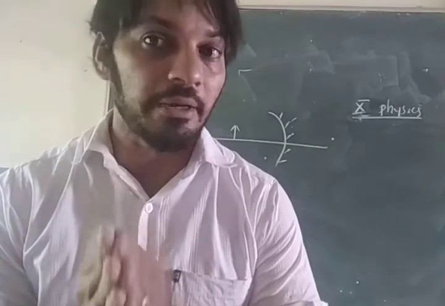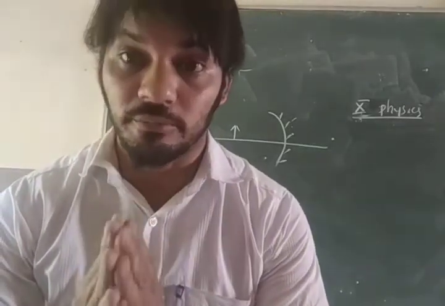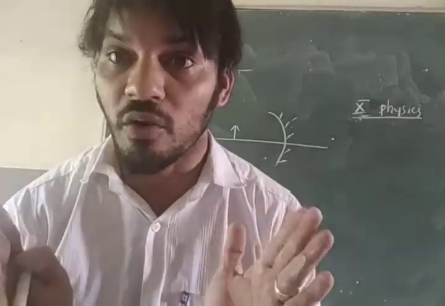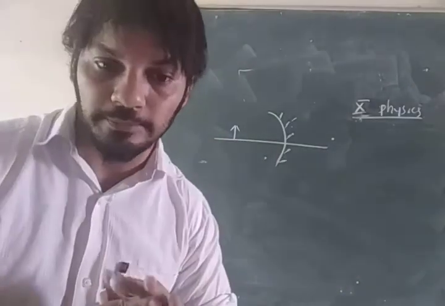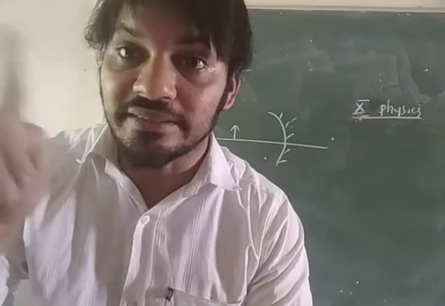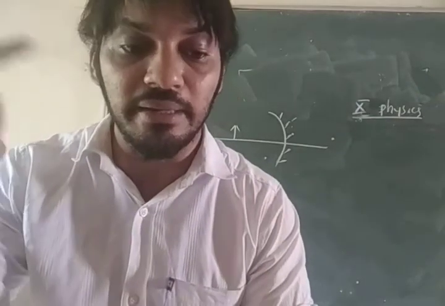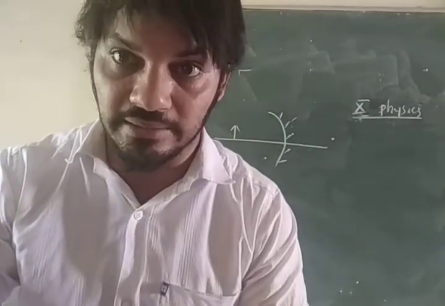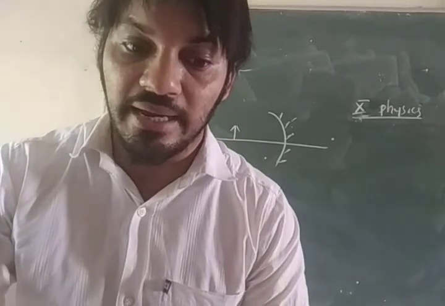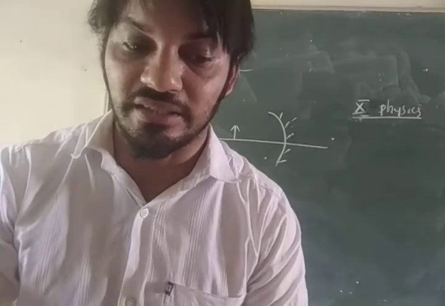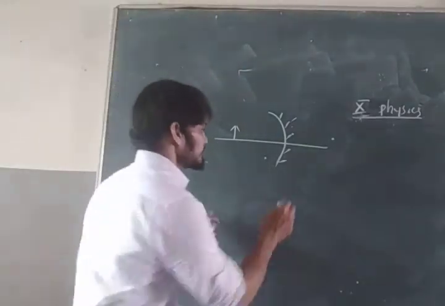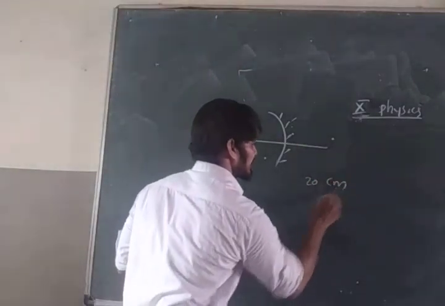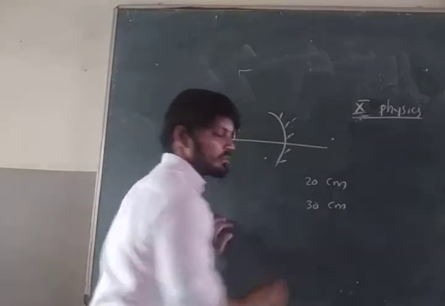Reading again: an object is placed in front of the concave mirror at a distance 30 centimeter, and an image is obtained on the screen at a distance 20 centimeter. Here 20 and 30 are given.